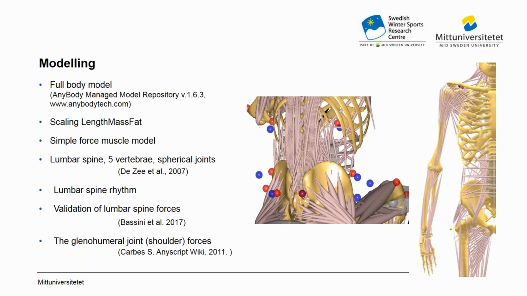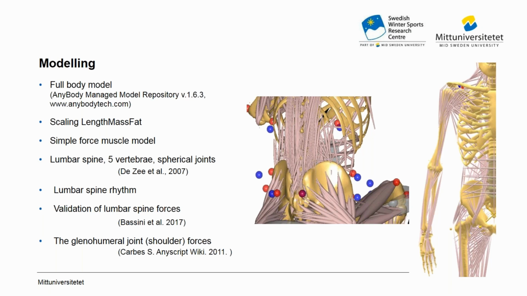We used a simple force muscle model, and the lumbar spine was constructed of 5 vertebrae with spherical joints in between, and intra-abdominal pressure as described in Sea 2007. And also a lumbar spinal rhythm, where, because we had markers on the pelvis and thorax, these markers defined how the motion was divided between the lumbar vertebrae, so less motion further down.